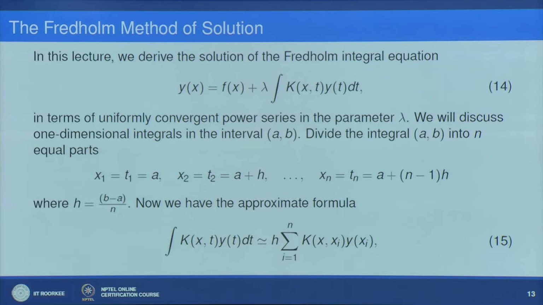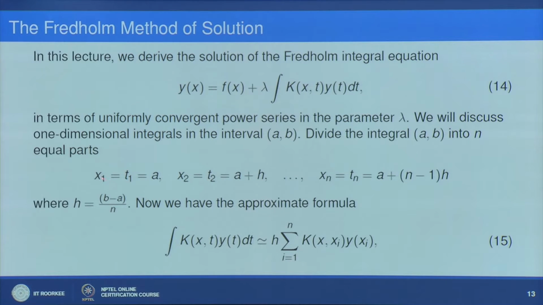So just look here, what he did to solve this particular equation: he tried to discretize this integral into a finite summation. For this he simply divided this interval a to b into n equal parts.